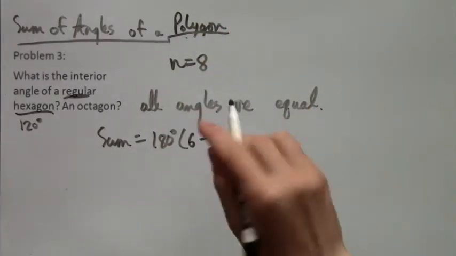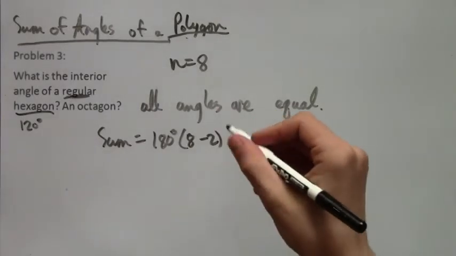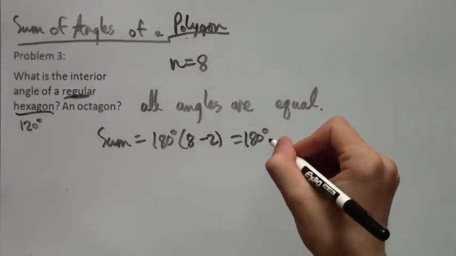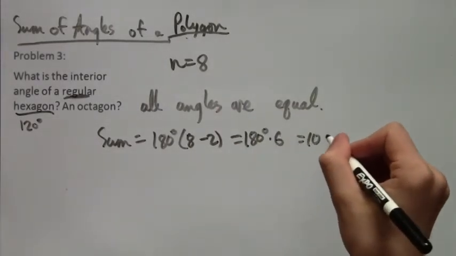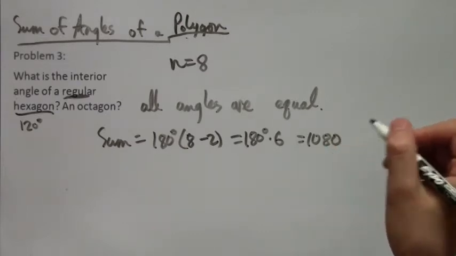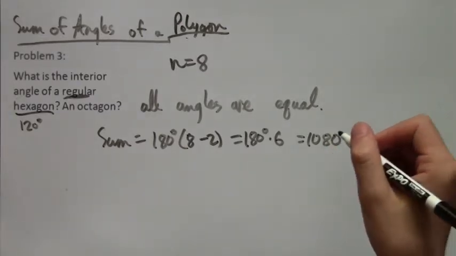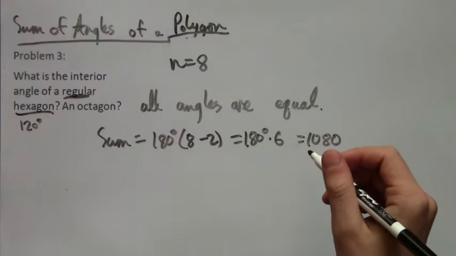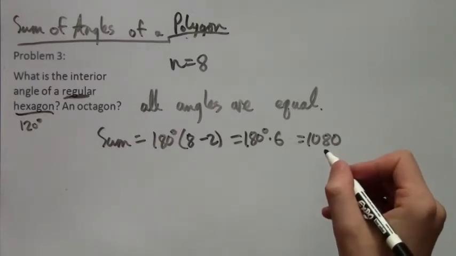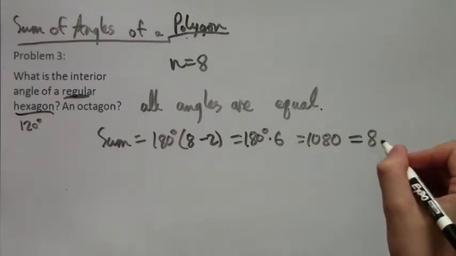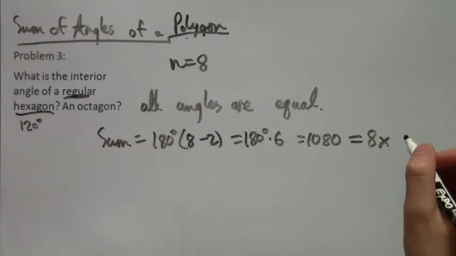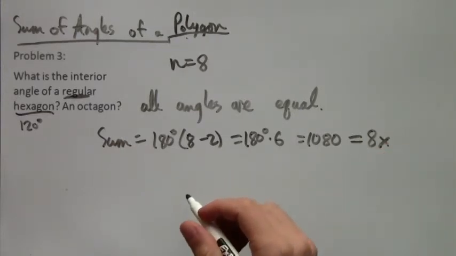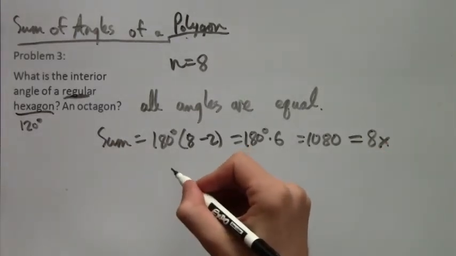Now let's do the same thing, but with n equals 8, an octagon. It has 8 sides and 8 angles. This time we have 8 minus 2 in the formula, which is 6, and when we multiply that times 180, we get 1080. And this time instead of 6x, we have 8x, because we have 8 of the same interior angle.